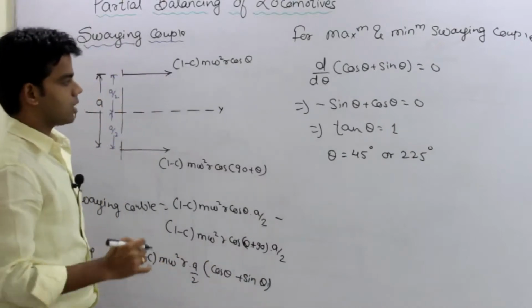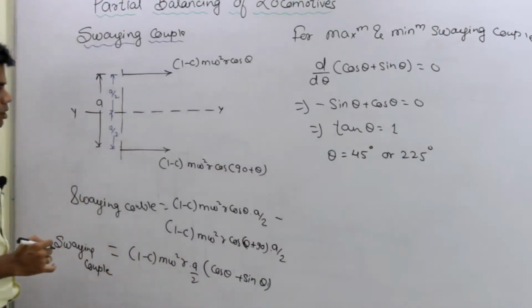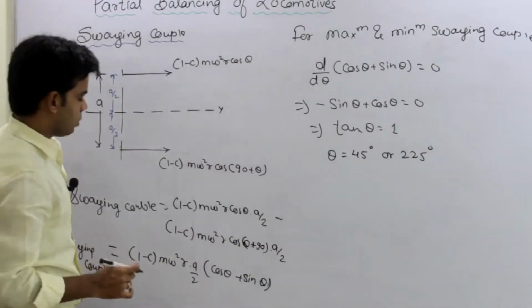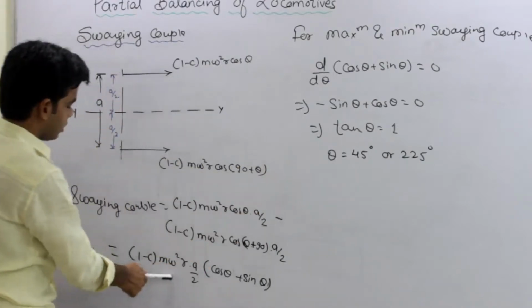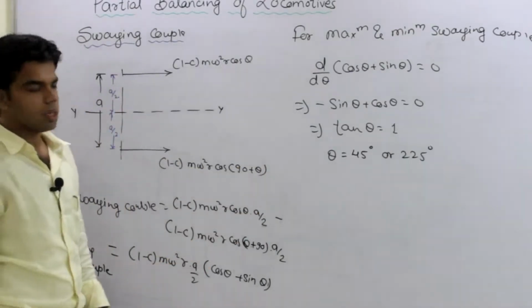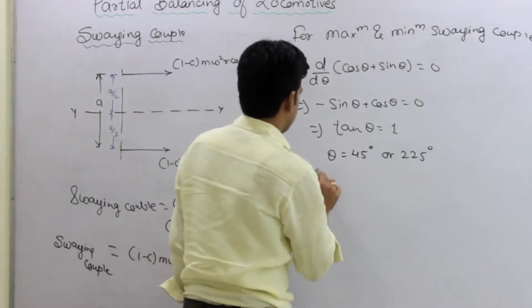Tan theta is equal to 1, therefore theta should be equal to 45 degree or 225 degree. Just put the value of theta here and you will get the maximum and minimum swaying couple.